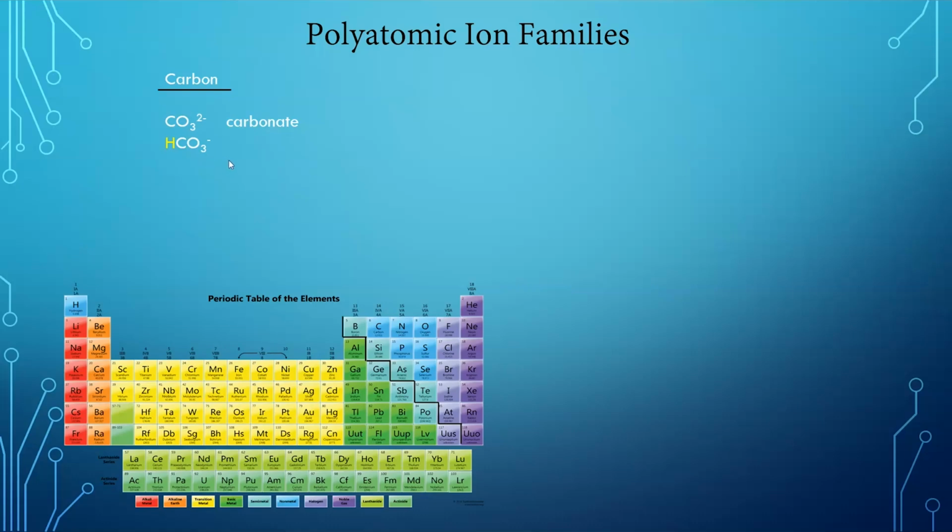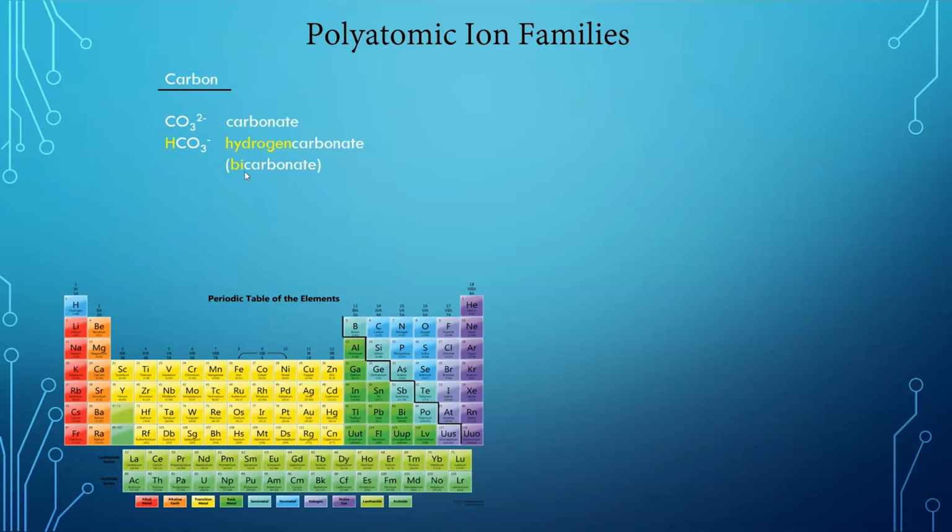The names are also very straightforward. All we do is just add the word hydrogen in front of the name. Now, there's an old-fashioned terminology that we use sometimes. Instead of writing hydrogen, sometimes you'll see it written as bicarbonate. If you bought baking soda, it says sodium bicarbonate on the box.